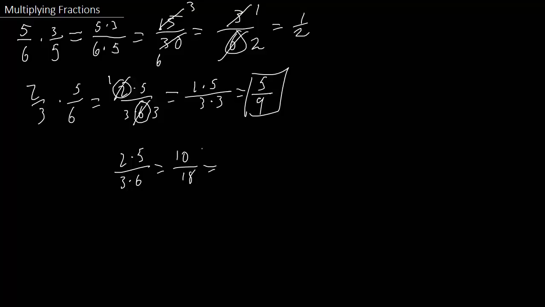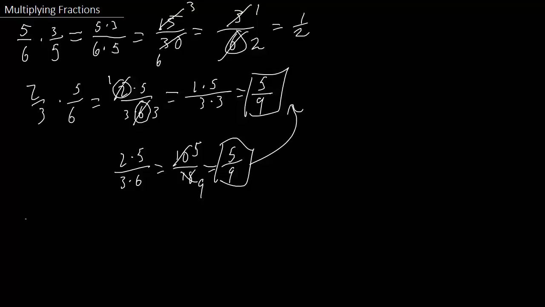So what can it be reduced by? Looks like 2. So 2 will go into 10 5 times, and 2 will go into 18 9 times. So 5/9. See how they're the same answer? So it doesn't matter if you reduce in the beginning or you wait till the problem is already multiplied and you reduce at the end.